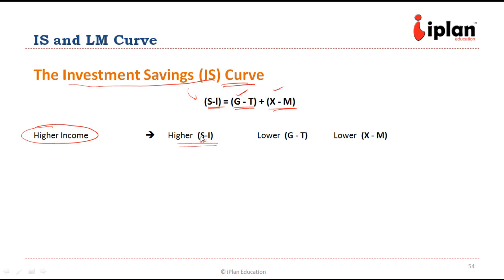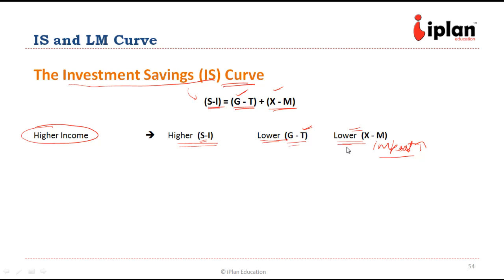And when the income is high, automatically the taxes will be higher, which will actually reduce G minus T. Also, when the income is high, there is more spending power available in the domestic economy, so there will be higher imports. Higher import means lower X minus M. X is export, M is import. So this is the basic relationship on which we can derive the IS curve.